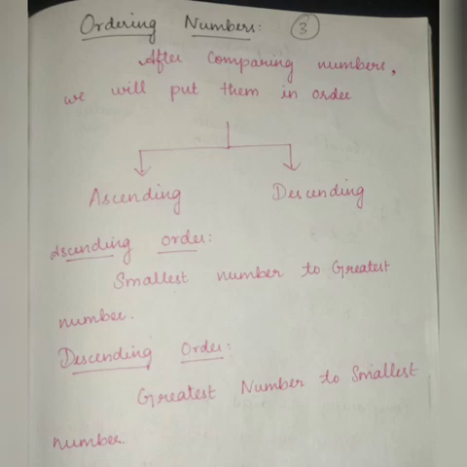There are two types of ordering numbers: ascending order and descending order. Ascending order is from the smallest number to the greatest number. For descending order, you arrange from the greatest number to the smallest number.